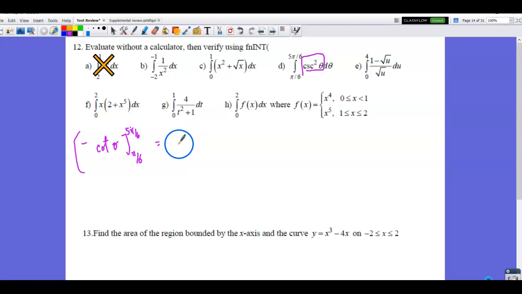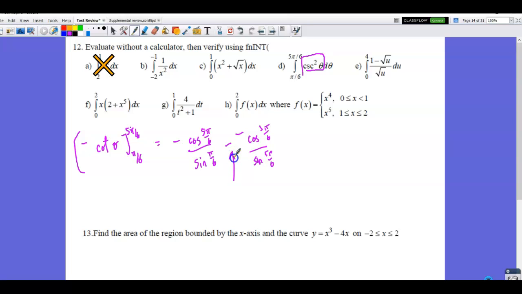That's going to be negative. I'm going to go ahead and change. So the easiest way, if this was on an assessment and no calculator, that would be negative cosine of 5 pi over 6 over sine of 5 pi over 6, upper minus lower, minus negative cosine of pi over 6 over sine of pi over 6.